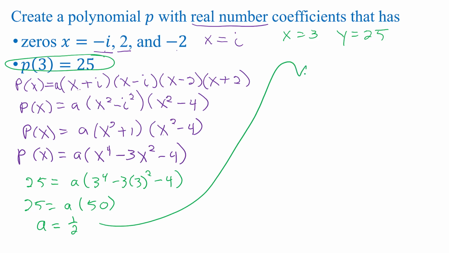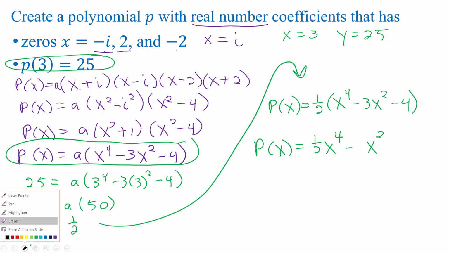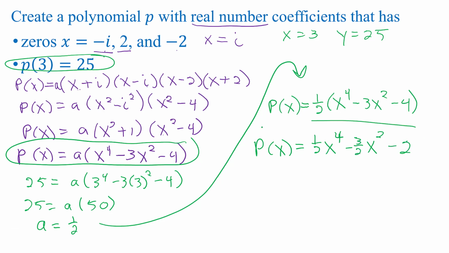Okay, so plugging in a equals 1/2 to our polynomial, we end up with p of x equals 1/2 times x to the 4th minus 3x squared minus 4. And just to make that look nice and clean in the end, let's write this as 1/2 x to the 4th minus 3/2 x squared, and then minus 2. Okay, so we've got it.